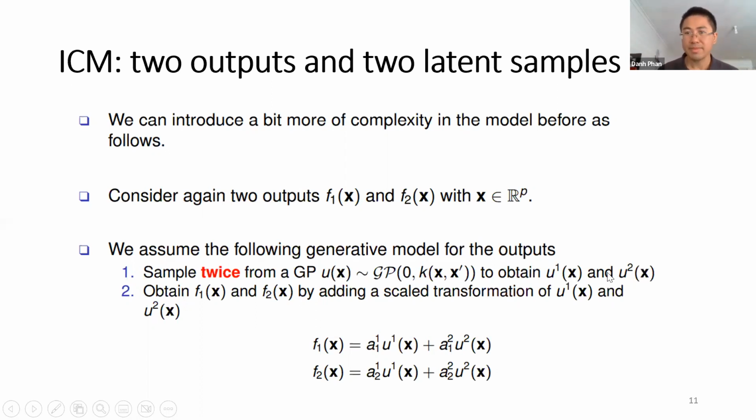And we do the same linear transformation, but now we have two samples. So we have scalar values A11 and A12 to transform that, and we sum it up to calculate F1x.